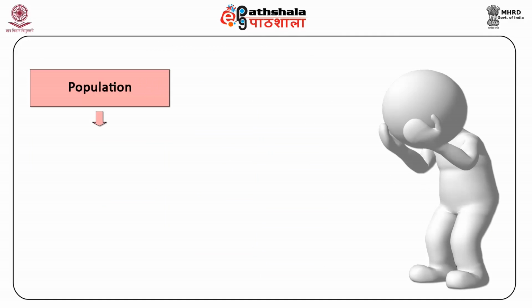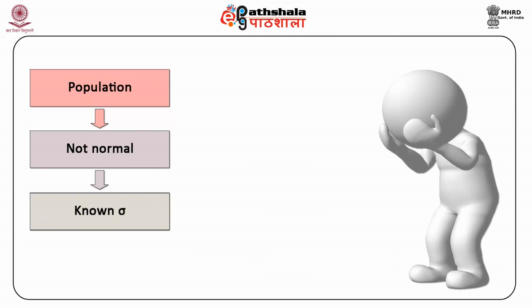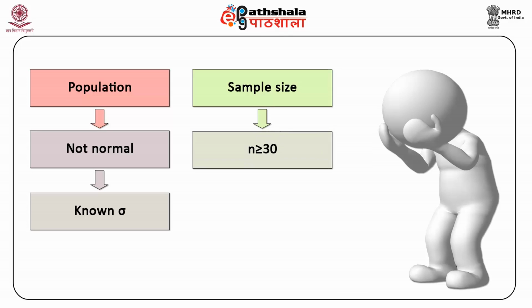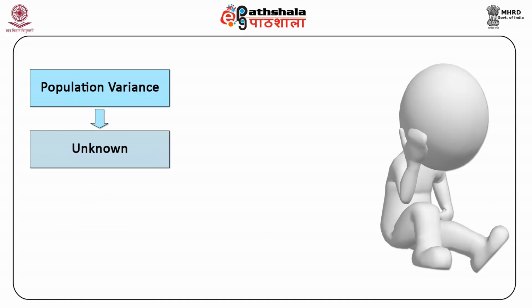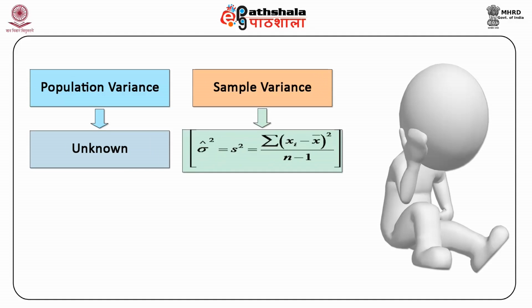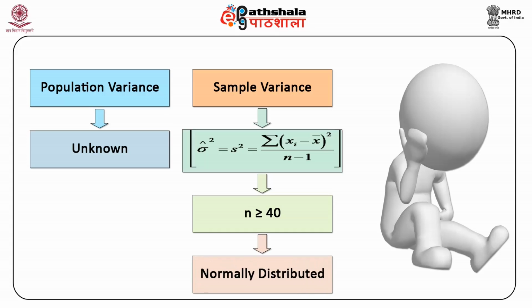If the population is not normal with known sigma but the sample size is large, so the sample is at least 30, then x bar has approximately a normal distribution. If the population variance is unknown and estimated by the sample variance, where sigma hat squared is equal to s squared, which is equal to the sum of the squares of xi minus x bar divided by n minus 1, but the sample size n is at least 40, then also x bar is approximately normally distributed.